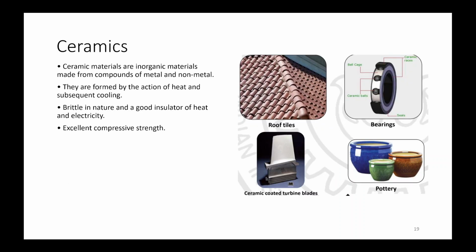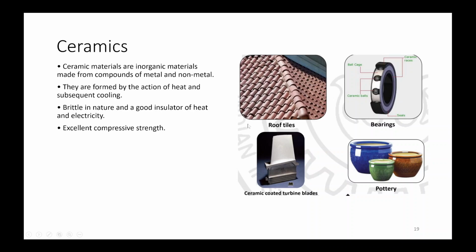Now the other class is ceramics. These are materials made of inorganic compounds of metal and non-metal. They are formed by the action of heat and subsequent cooling. They are brittle in nature and good insulators of heat and electricity. And they show good compressive strength while poor tensile strength.